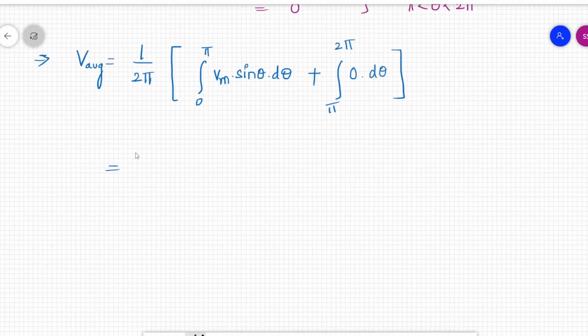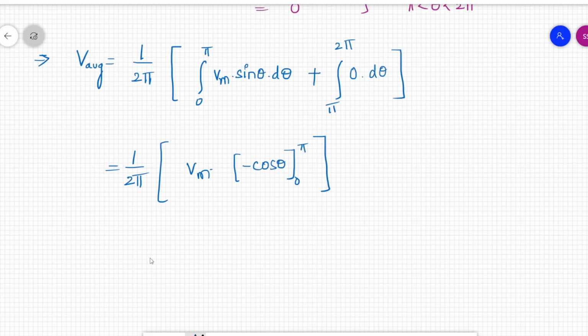Let us apply the integral: 1 by 2 pi Vm, sin theta will become minus cos theta from limits 0 to pi, and the integration of 0 will be 0. Now let us apply the limits here. 1 by 2 pi Vm, taking the minus common, that is cos pi minus cos 0.